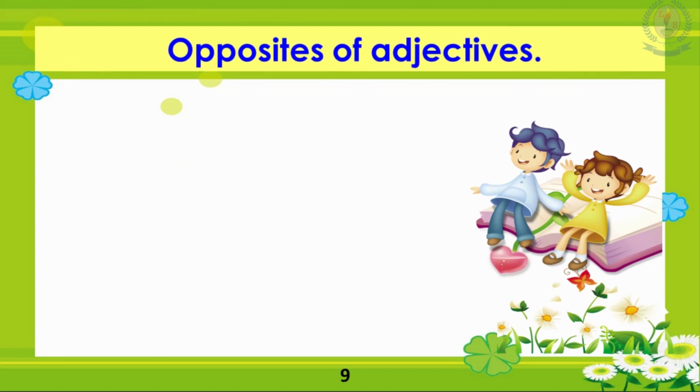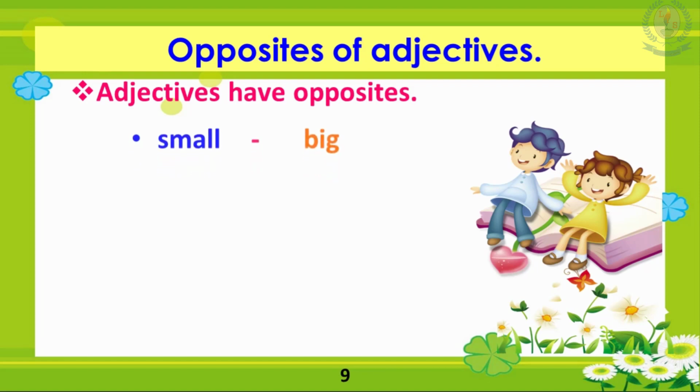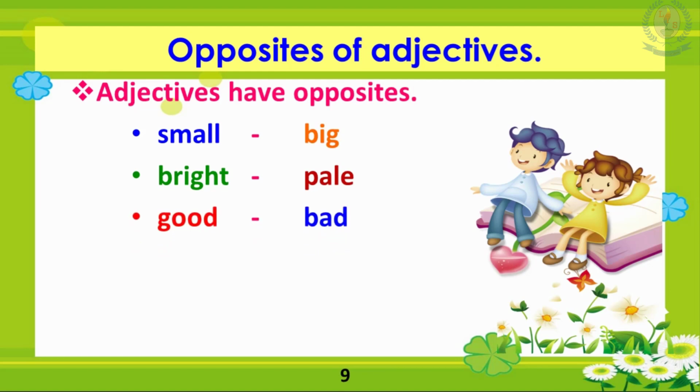Opposites of adjectives. Adjectives have opposites. Small, big. Bright, pale. Good, bad. Light, dark. Cold, hot.